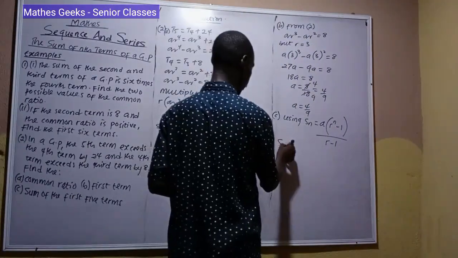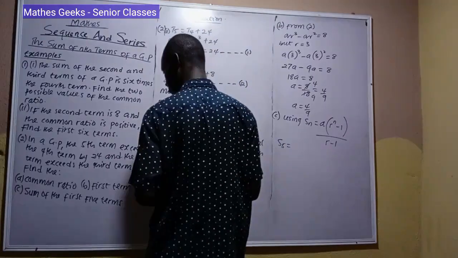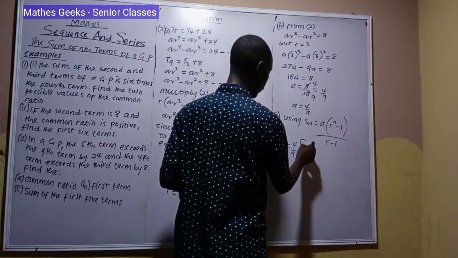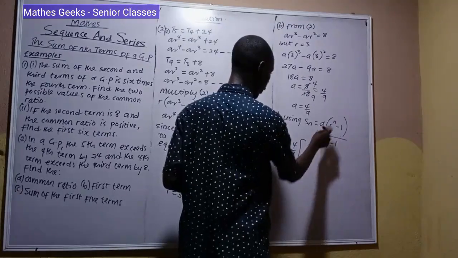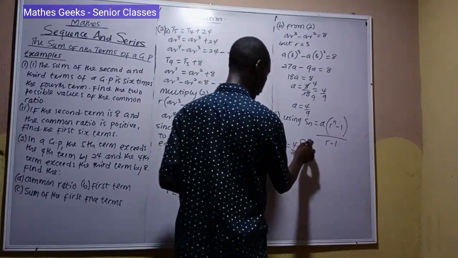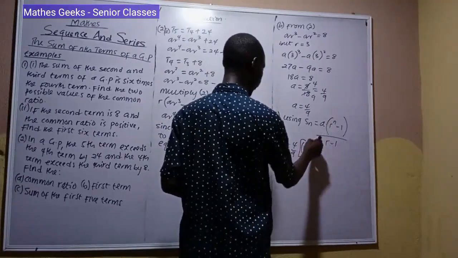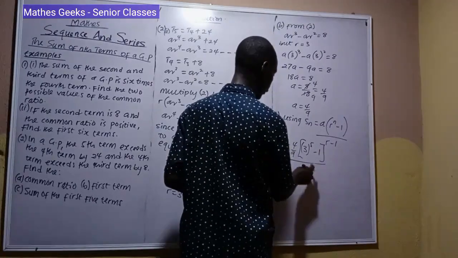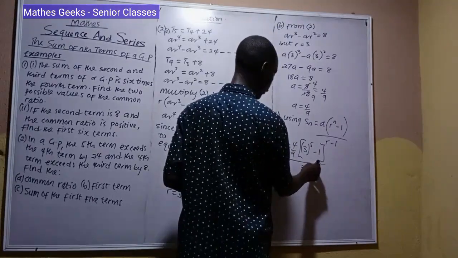So S5 is equal to the sum of the first 5 terms. The first term is 4 over 9, times 3 raised to the power 5 minus 1 over 3 minus 1.